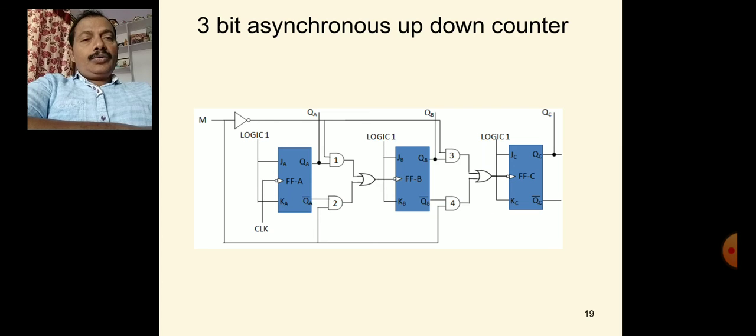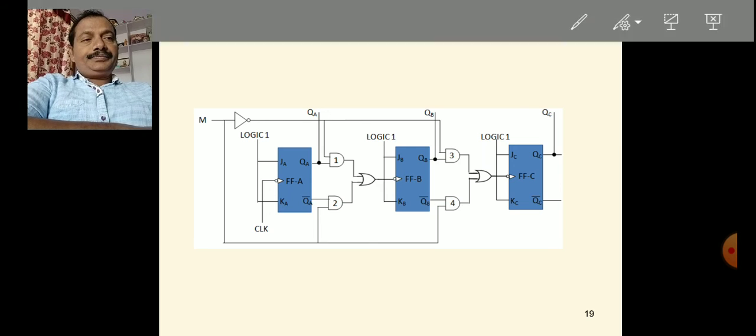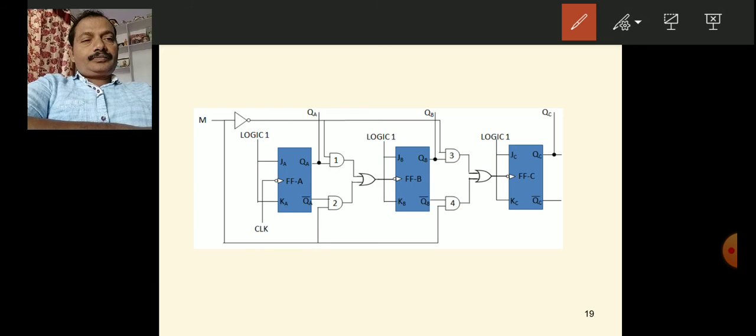They are connected to logic 1 like this. That is the basic connection. Always remember this, because each flip-flop is to be configured in toggle mode only.